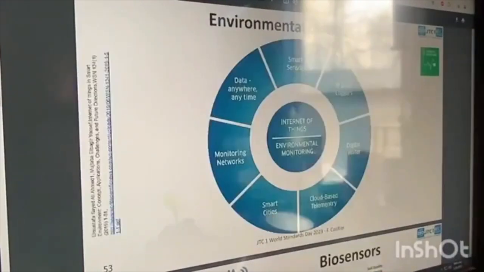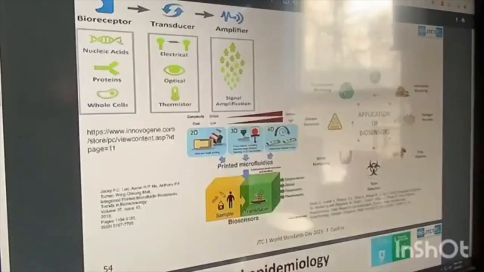Okay? So, when people tell you that you can cleanse a biosensor, please be very careful, because the main chunk of the bioreceptors are your nucleic acids, proteins, and whole cells.